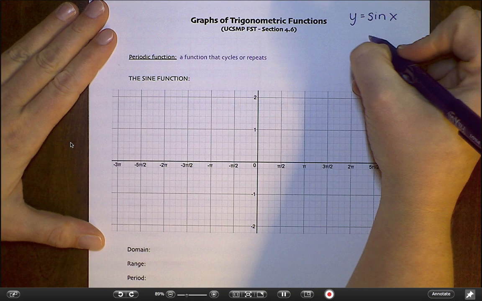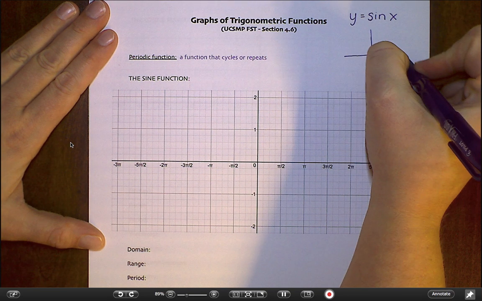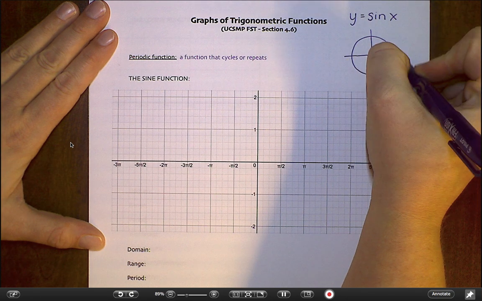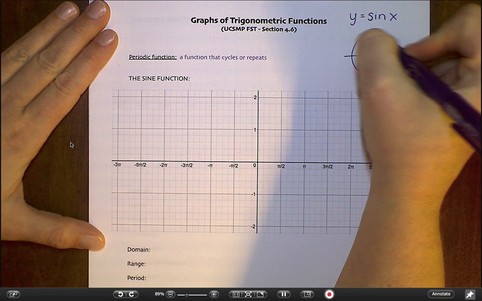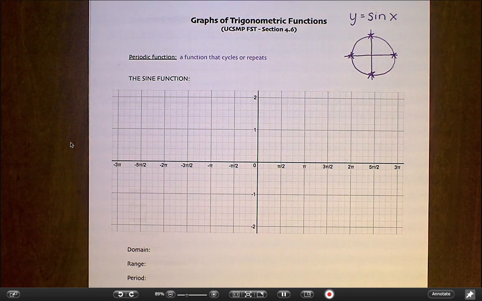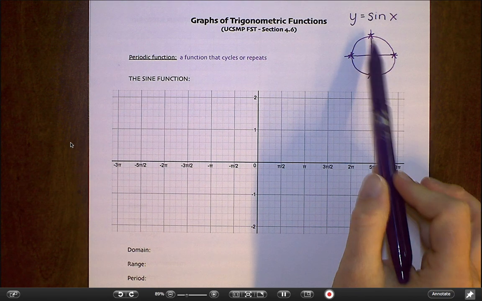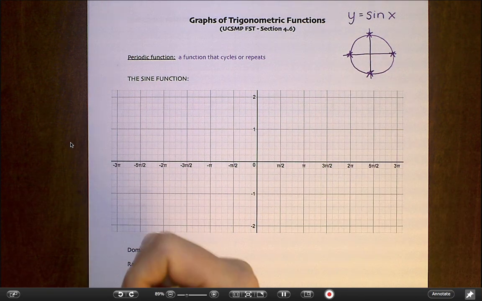Now, we are going to refer back to the unit circle, but really most of our work is going to be able to be done using just these four corner points that we use as kind of landmarks. And I'll refer to some of the other angles as well, but you really can draw this graph just using these 4 points on the unit circle.